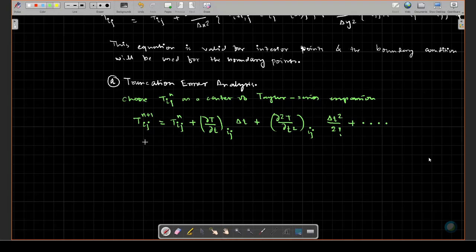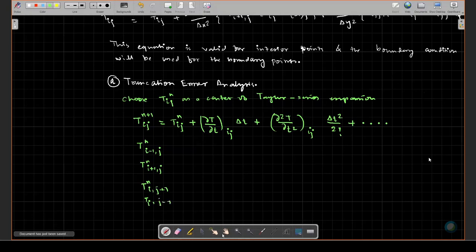Now we would also like to have expansions for T_(i+1)j^n and T_(i-1)j^n. Similarly, we would like to have for T^n at i plus 1 comma j, and for T_i(j+1) and T_i(j-1).